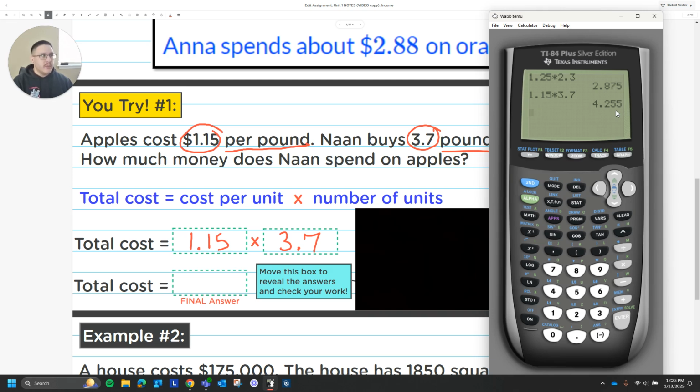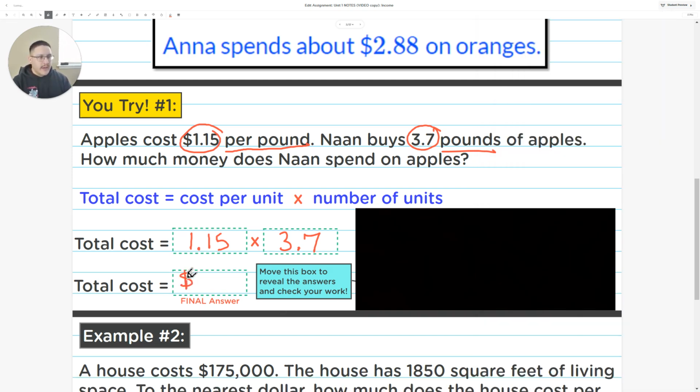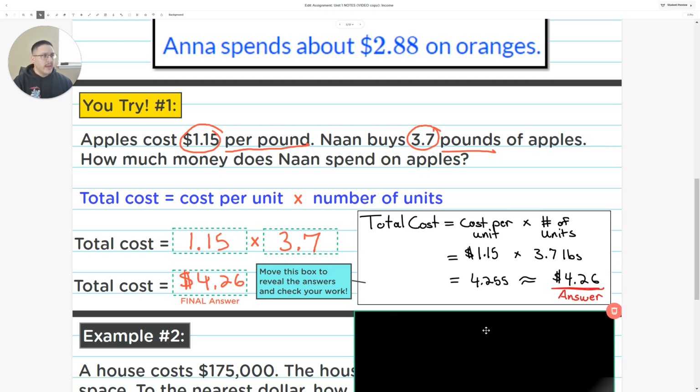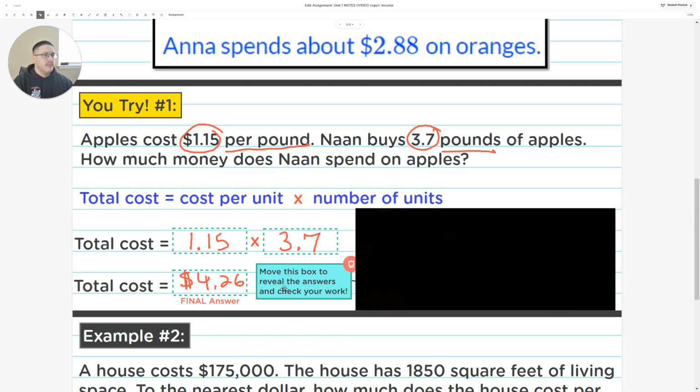Rounded to two decimal places, the 5 should round up to a 6. So our final answer is $4.26. I'm just going to move the box to check to see if we did everything correctly, and it looks like we did. That's it for Try number 1.